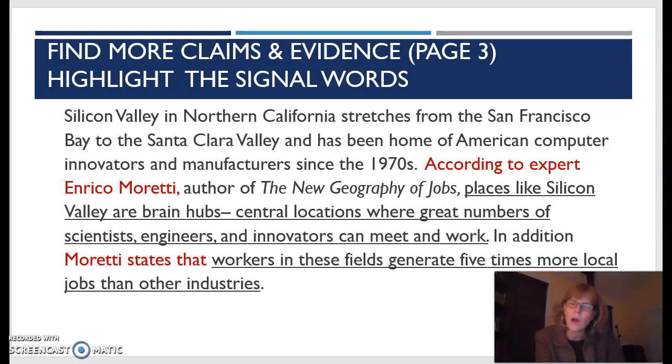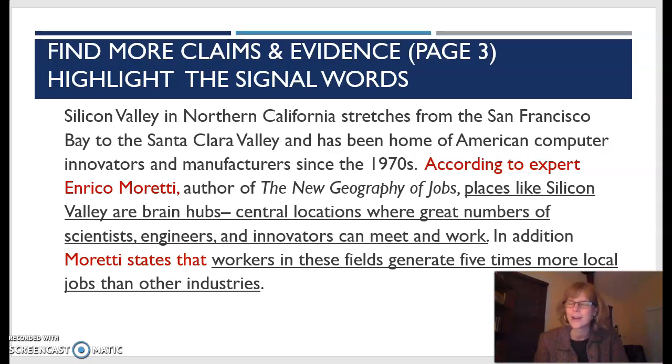This writer uses according to and brings in an expert, right? According to expert Enrico Morietti, just to show us in his book, he agrees with our writer's main claim. Places like Silicon Valley are brain hubs, central locations where great numbers of scientists, engineers, and innovators meet and work.